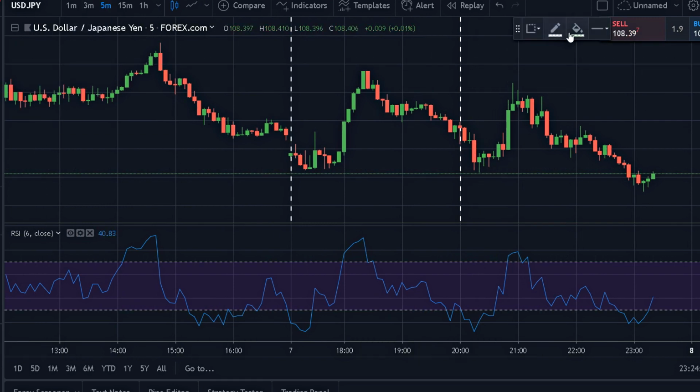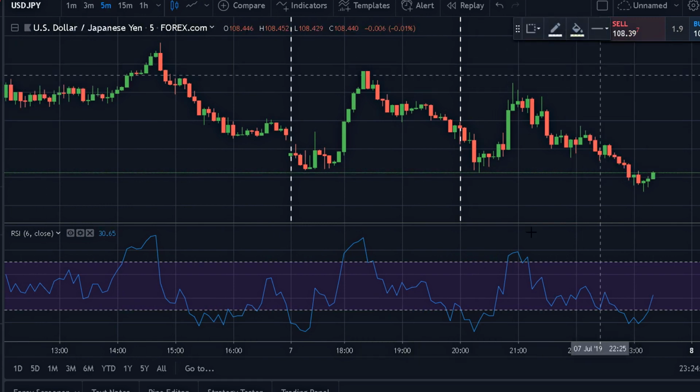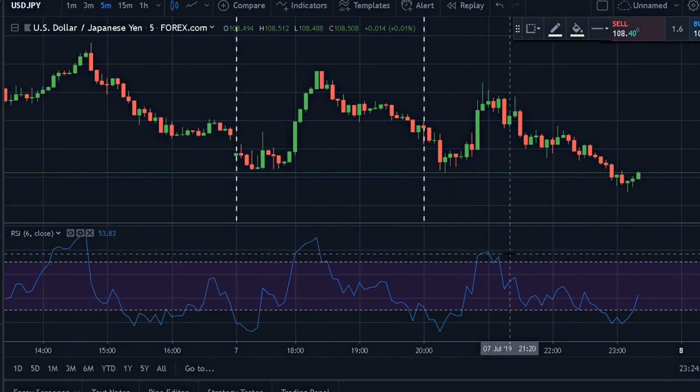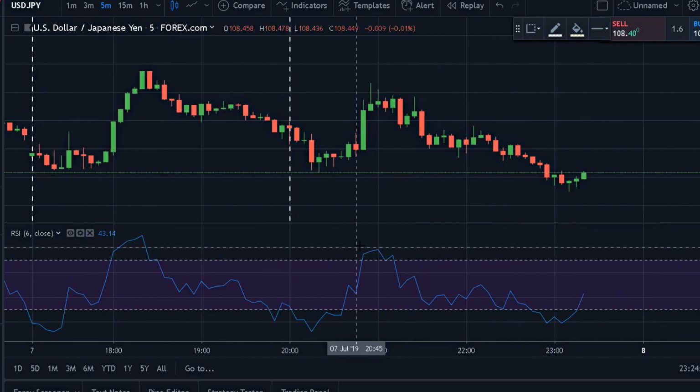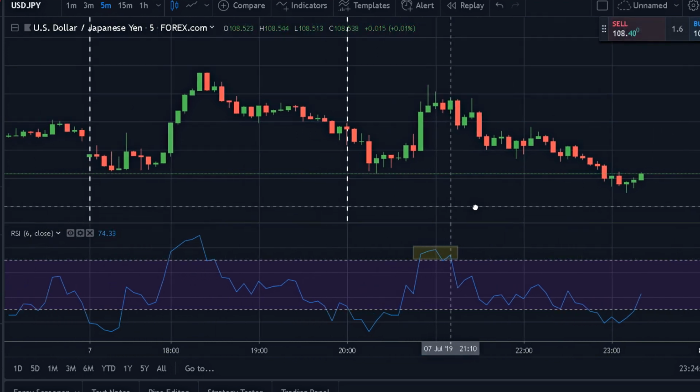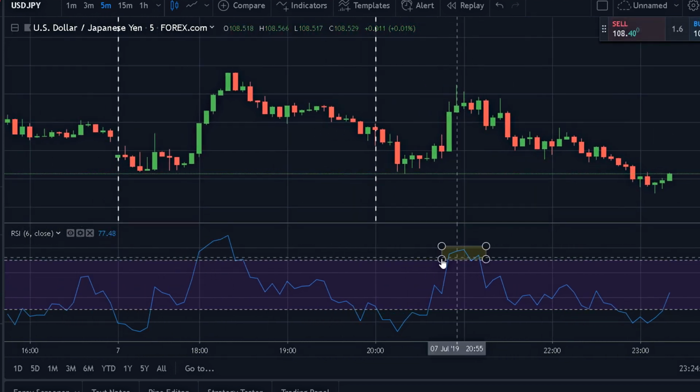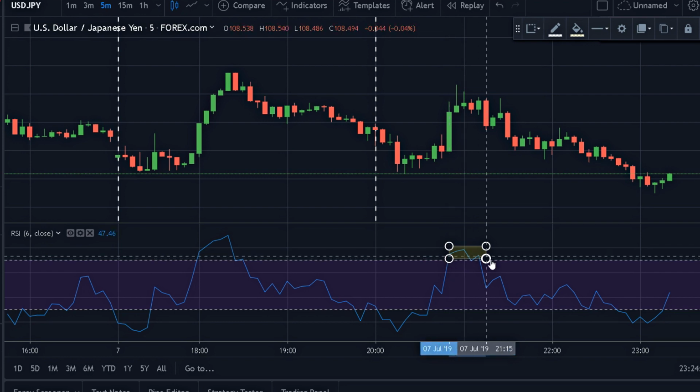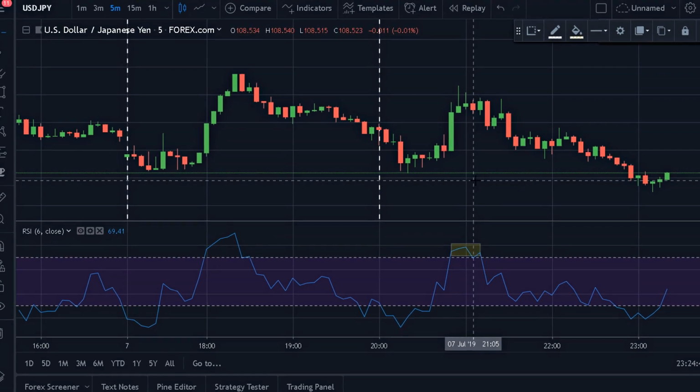What I'm going to do is highlight. Let me zoom in a little bit more. Right here, we have a nice little area of overbought, above the 70. Remember what I said: when it's above the 70, we're good to buy for a few minutes.